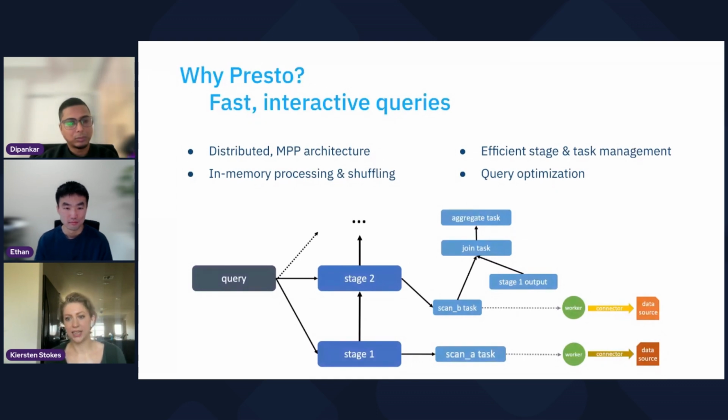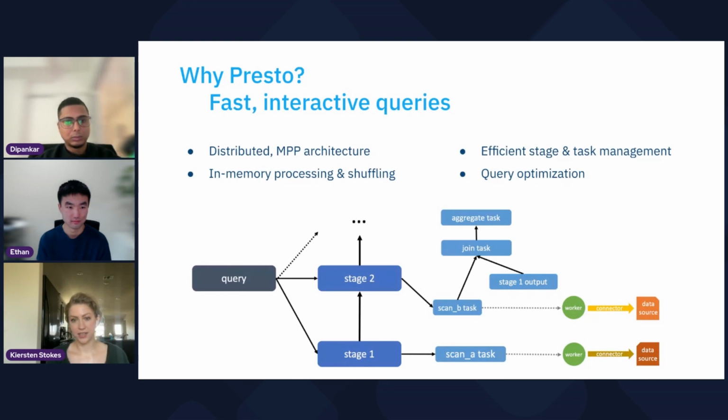It's then validated, and then finally it's converted into a logical relational tree. And that's sort of what's loosely represented here in the dark and light blue, which are the stages and the tasks that Presto has determined as what's going to be the most efficient way to perform and get the results for this query.